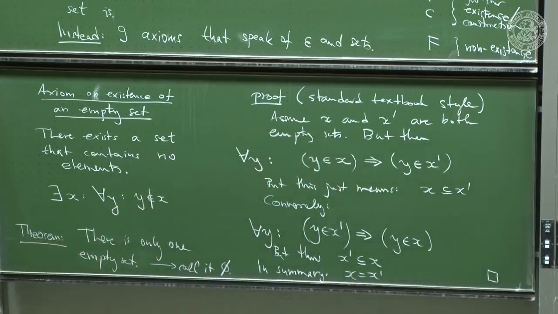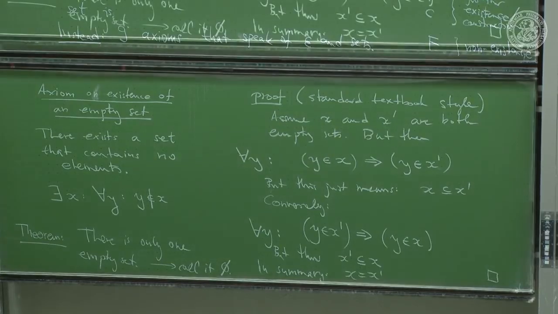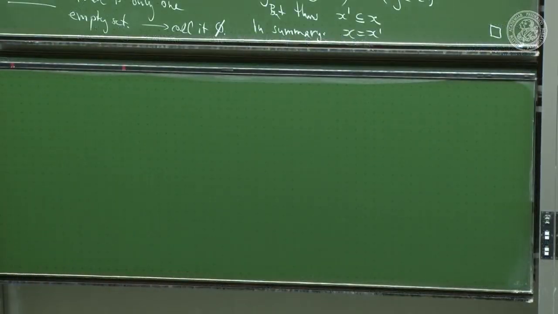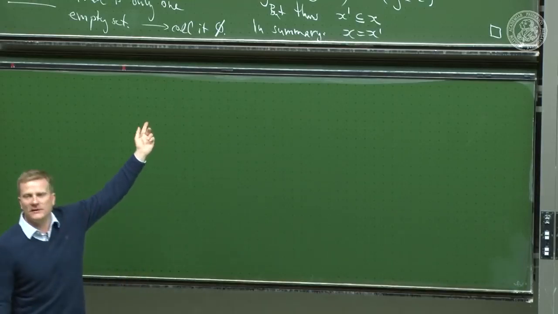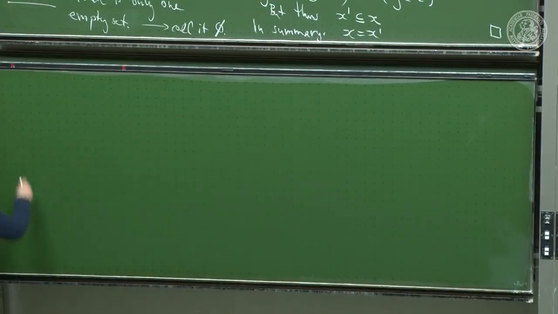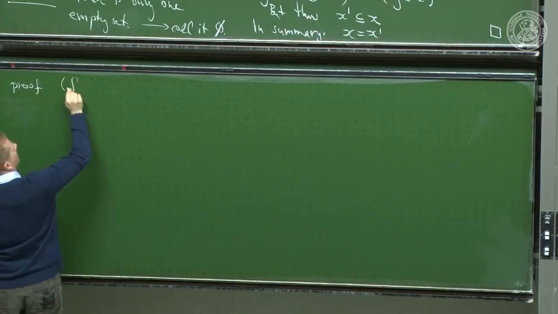Very elementary proof. When I say a very elementary proof, didn't we define what a proof is? Does this have the form of what we define what a proof is? No, it doesn't. So we'll give a precise proof, formal version.